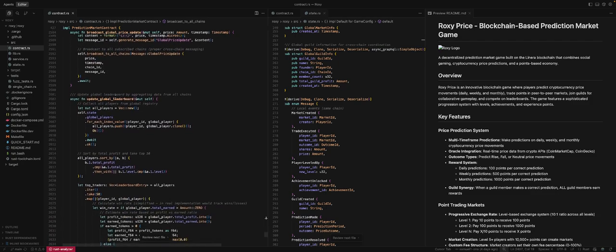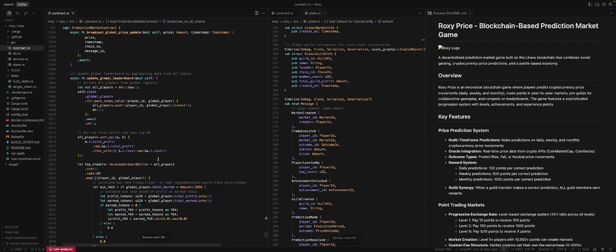Now it updates the global leaderboard by aggregating data from all chains. So now we are getting the whole data from all microchains and aggregating it on the leaderboard.